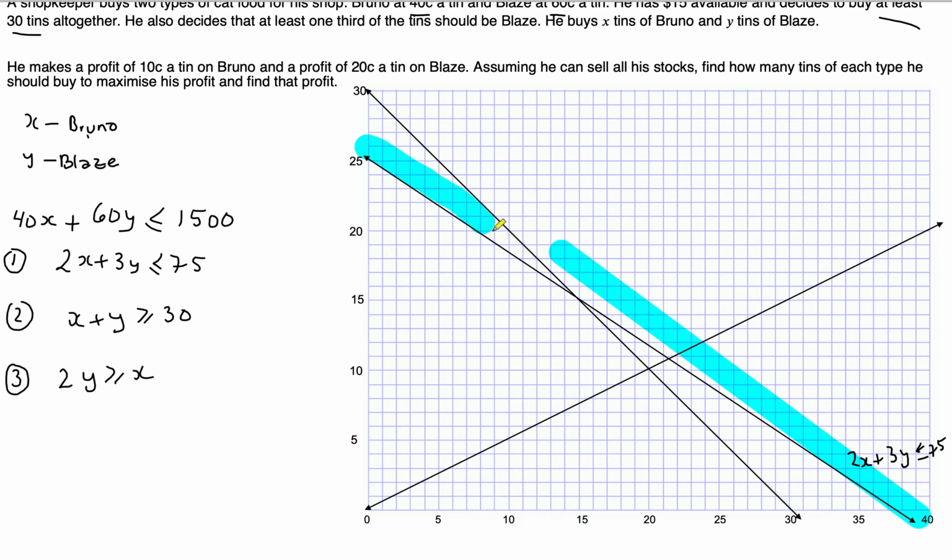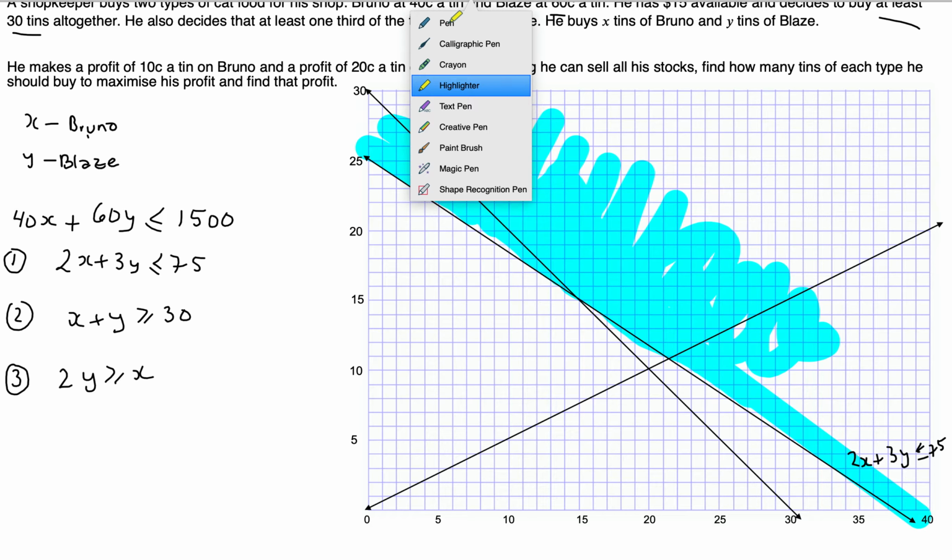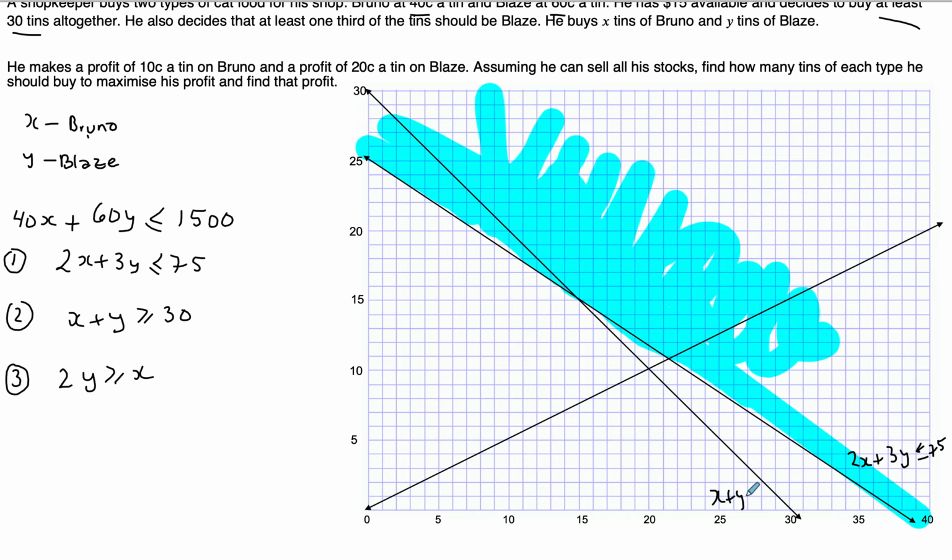I'm going to try and be as accurate as possible. And then for the second line, we have x plus y is greater than or equal to 30. So this is x plus y equals to 30.